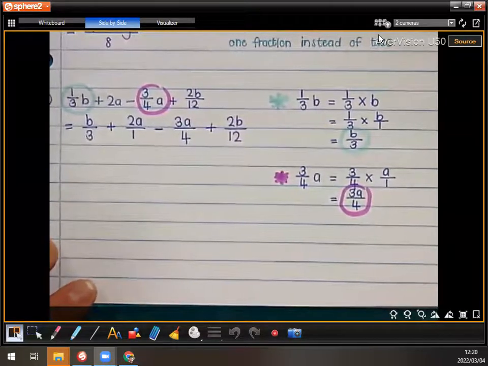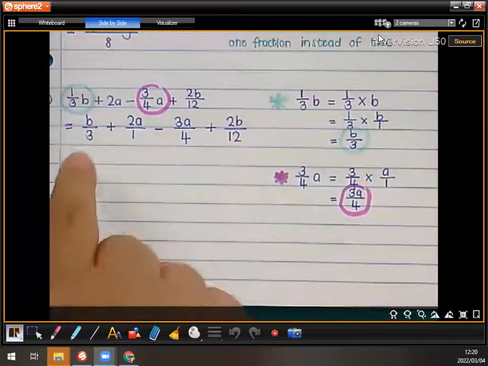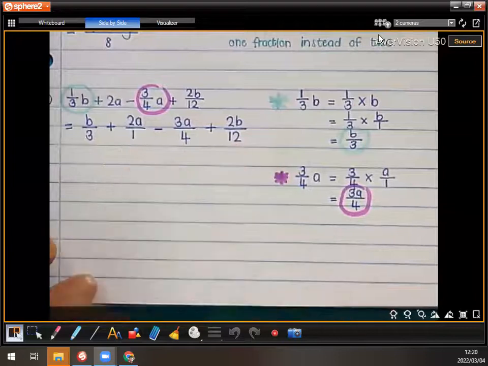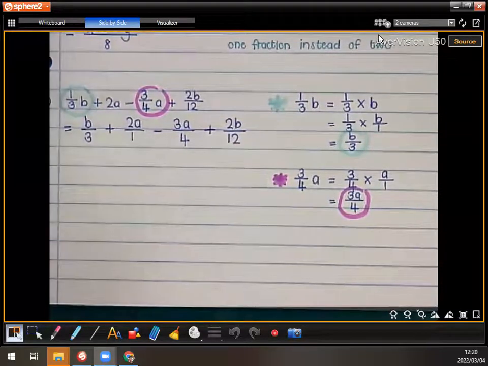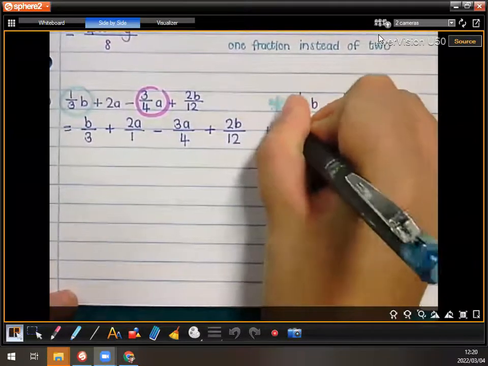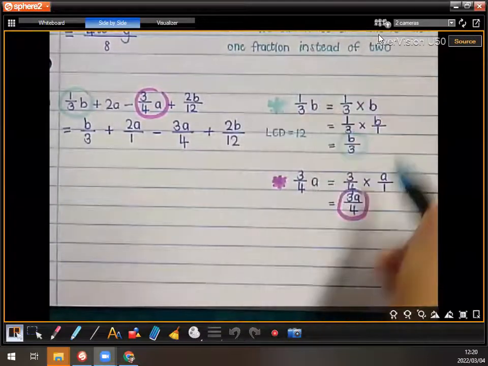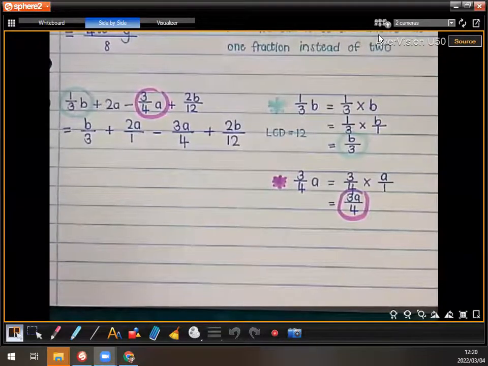We need to find the LCD of all 4 of these denominators. 3 and 1 and 4 and 12. Do we agree that it's 12? Okay, good. So the LCD here, if you have space on the side, you can write it on the side. Otherwise, maybe just make an arrow somewhere and write LCD for 12.